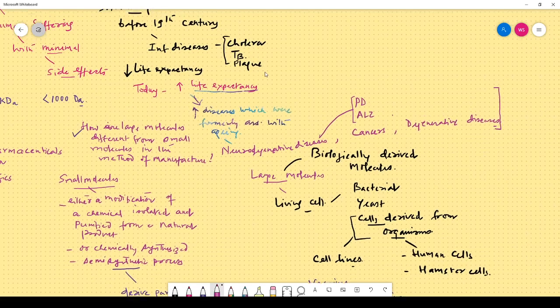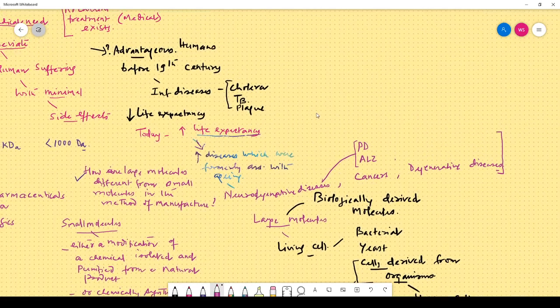So drug discovery has had certain unexpected consequences. One of them being, as we have discussed, they have increased the life expectancy. That could be one.